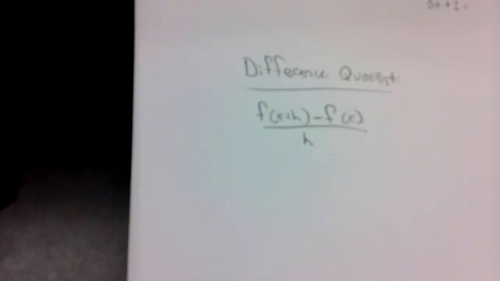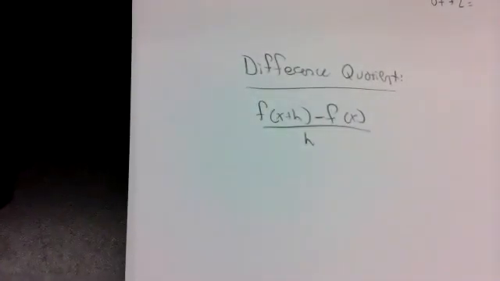And it's this particular combination: f of x plus h minus f of x, all over h. So for any function f of x, we can find this difference quotient.